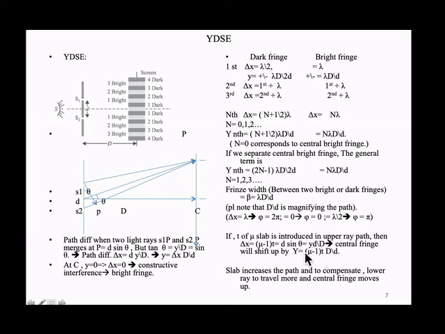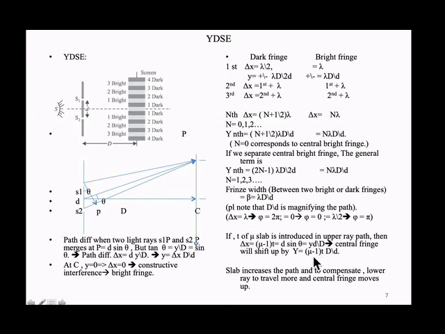So how much is the central fringe shifted? (Mu minus 1) t is the delta x. When I compare delta x with d sine theta, because this is the path difference, both are meeting here. The delta x is nothing but d sine theta. Sine theta is y by D. So delta x, (mu minus 1) t, is equal to d sine theta.